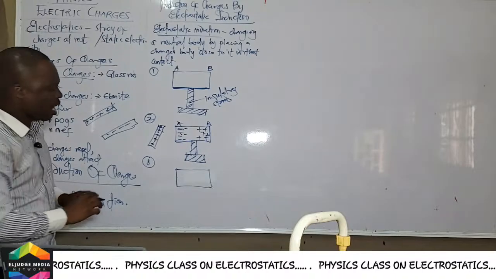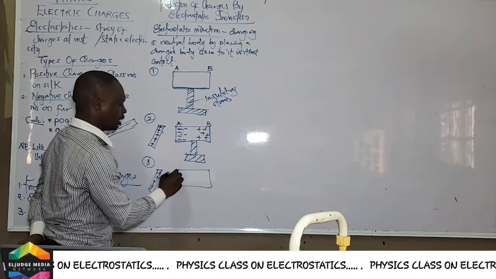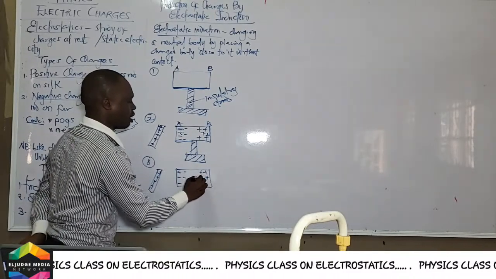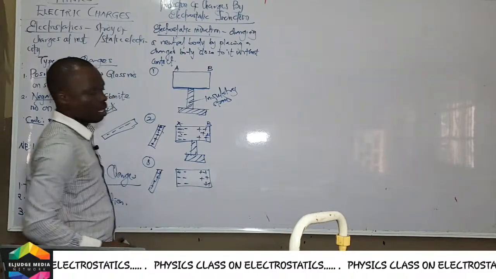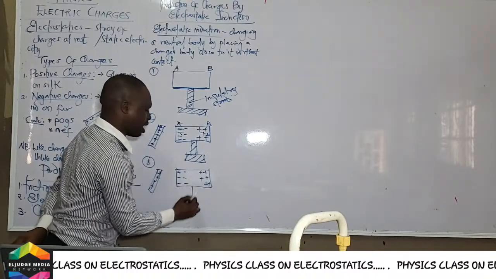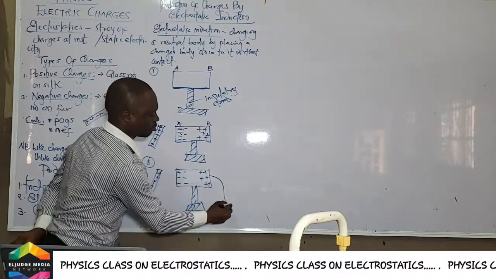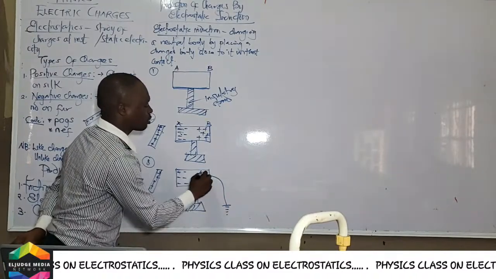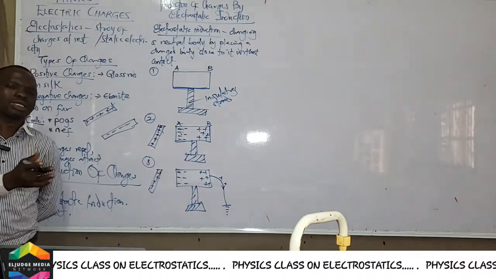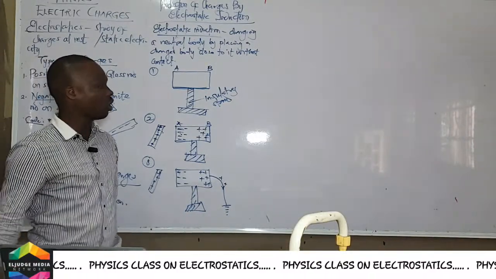Then the next step is I connect, still having this positively charged rod close to it, with the negative here and the positive here, I connect the side that has the positive to the earth. What will happen here is that all the positive charges will flow to the earth. I hope you know that the earth is a natural reservoir of charges. So it will flow to the earth.